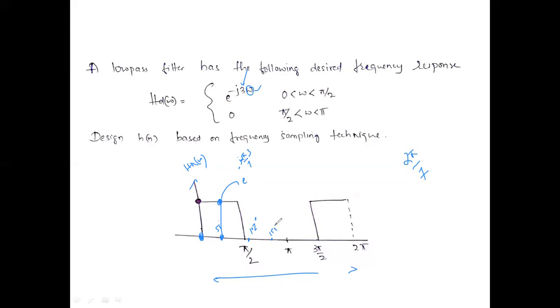So the next value will be 2 into 180 divided by 7, into 4. So that's 205.